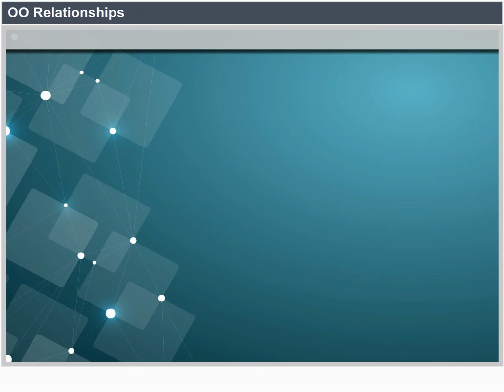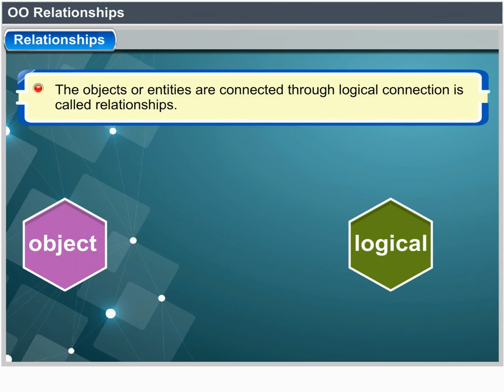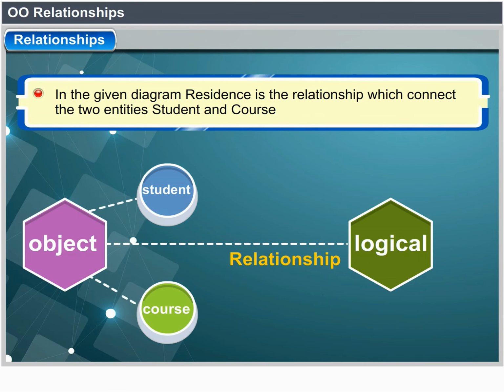Object-oriented relationships. Relationships represent logical links between two or more entities or objects. Residence is an example of a relationship that can exist between the entities city and employee. Exam is an example of a relationship that can exist between the entities student and course.